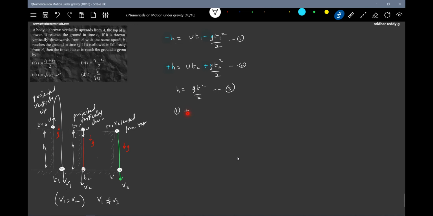1 plus 2. So this will become 0, u(t1 plus t2).